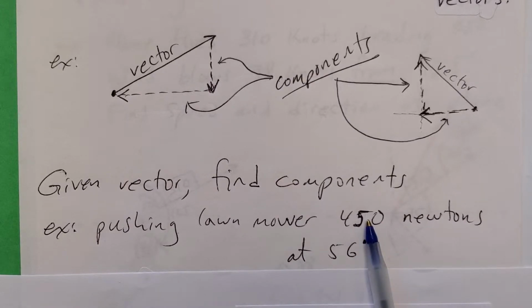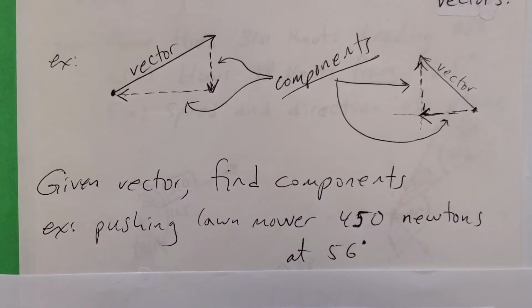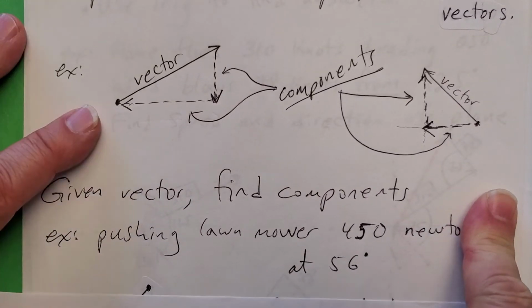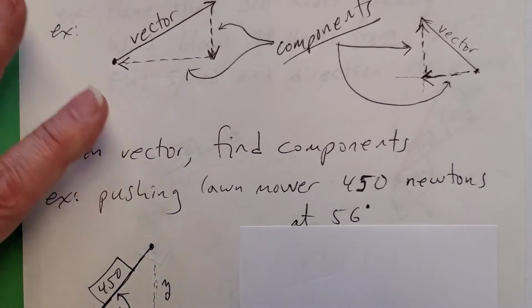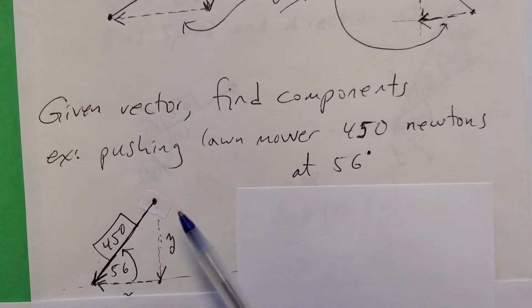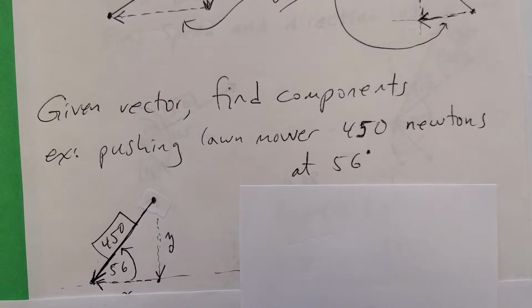So the number is 450, and the angle is 56 degrees. How would we draw that? Just draw an arrow anywhere, but you have to draw it in the correct direction.